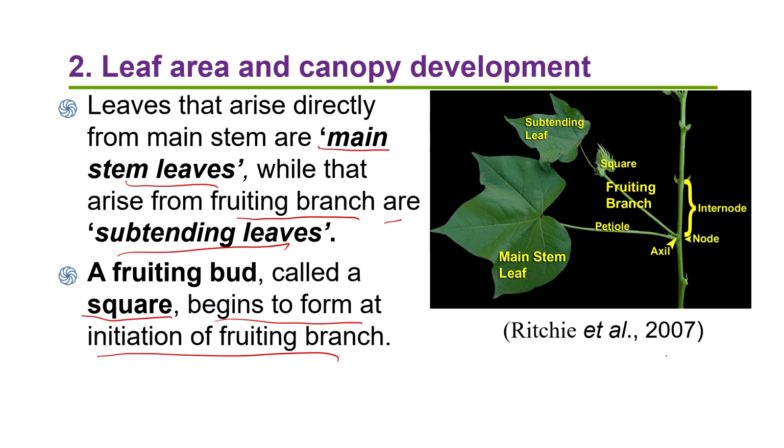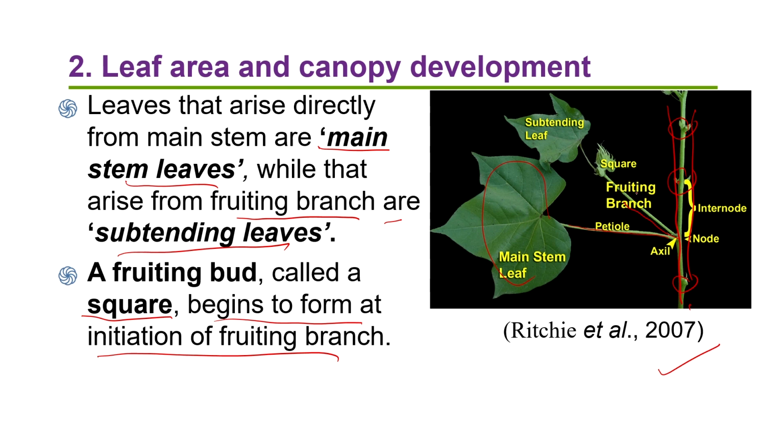So you see this picture on the right side. This is a stem, you are seeing the stem, and you see the node. This is one node, this is another node, this is the nodal part, and in between two nodes you find the internode. This node, and you see the internode. And then suppose this is the fruiting branch, this is the petiole of the leaf, and this is the leaf blade or main leaf.